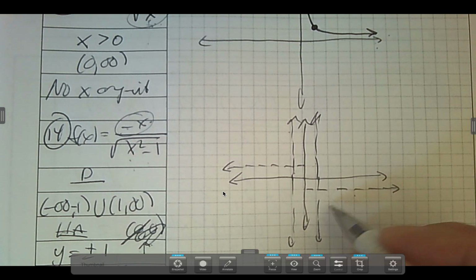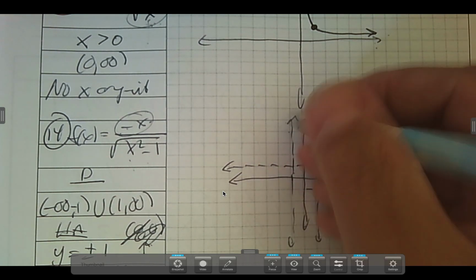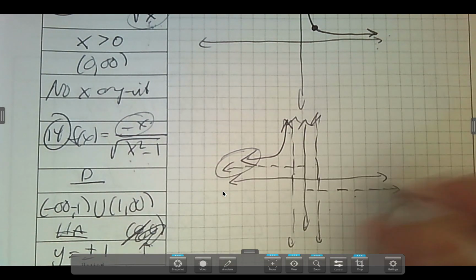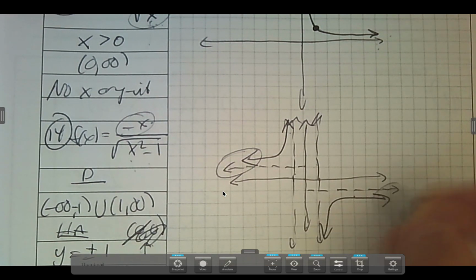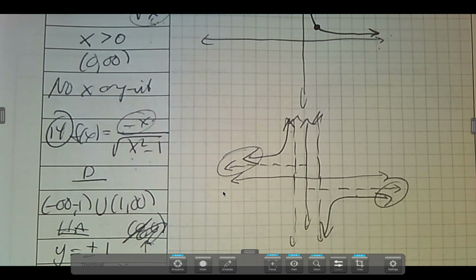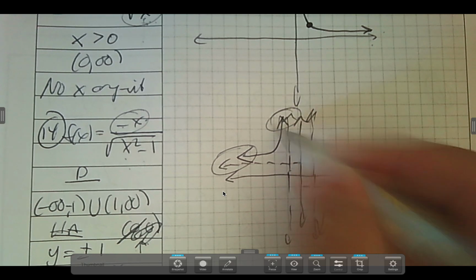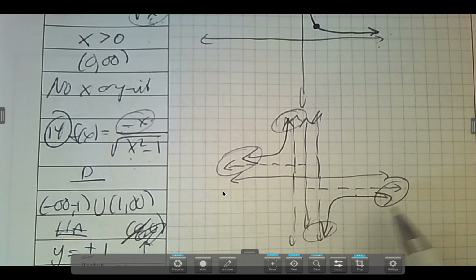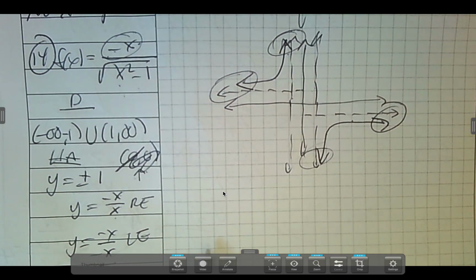What is going to happen to answers that are here? The behavior here is going to have this kind of a curve where this is the end behavior, and this is going to have this curve where this is the end behavior. So you can see it going to positive infinity and negative infinity. It's a pretty challenging looking graph just to sketch without having a graphing calculator.